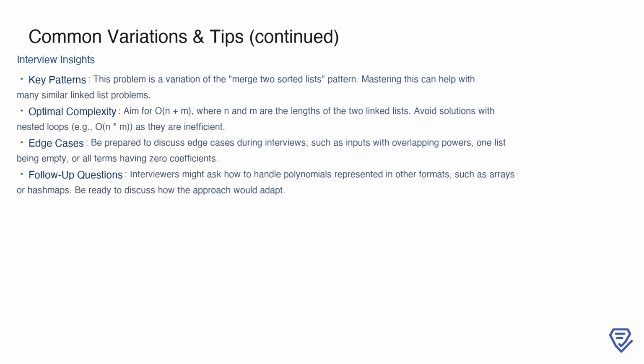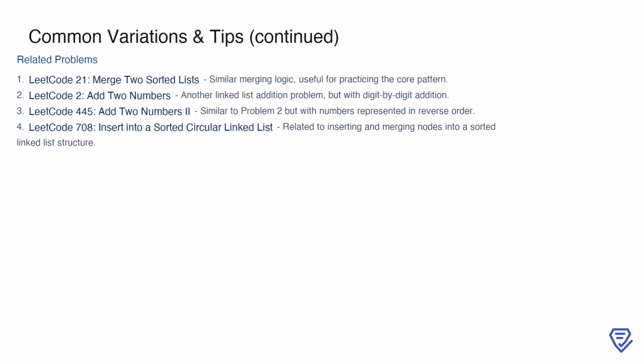This problem is closely related to several other linked list problems that can help reinforce the core concepts. For example, LeetCode 21, Merge Two Sorted Lists, uses similar merging logic and is an excellent problem to practice the foundational pattern. Another related problem is LeetCode 2, Add Two Numbers, which involves adding numbers represented as linked lists, but in this case, it's done digit by digit.